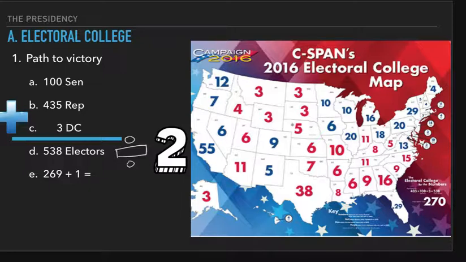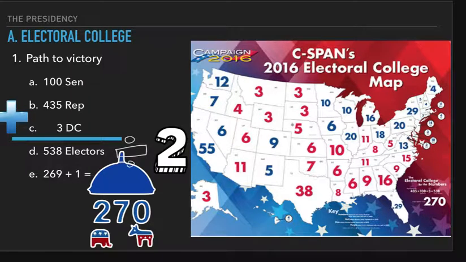Well, if we have a 50-50 split, then does anybody win the election? Well, not in the Electoral College right away. I understand where you're going. But as we look at this, nobody wins because we have a direct tie. So to find out the number you need to win the White House, we take that 269, we add 1 vote to it to show that you get 270 in order to win the White House.